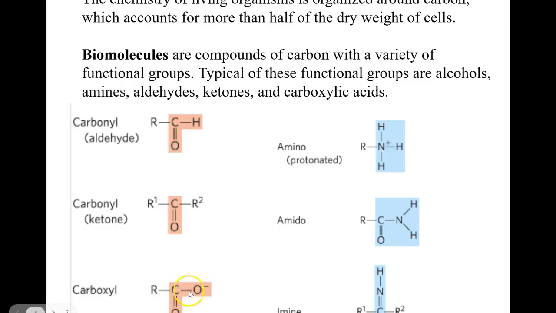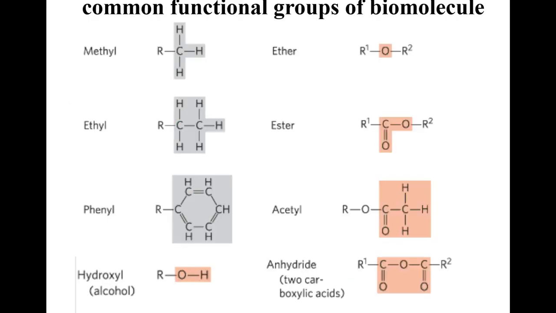So you can have it looking like this, or have that H replaced, leaving a negative charge on the oxygen. It's only a negative charge because it's missing the hydrogen. And so on and so forth with the rest of the functional groups. I can just let you read that for yourself.